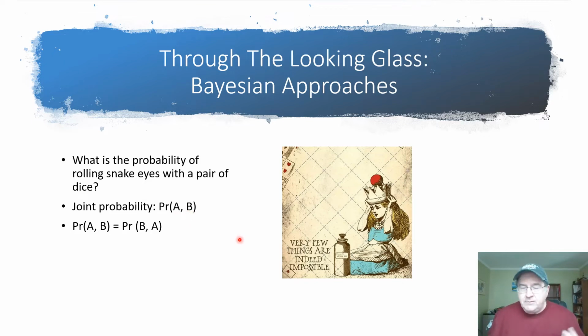The intersection of those two events, if you prefer to think about it that way. It is probably intuitively obvious to you, but we have to stipulate this, that the probability of A and B occurring is equal to the probability of B and A occurring. Makes sense, right? Nothing particularly spectacular there, but it's going to become important in a second.